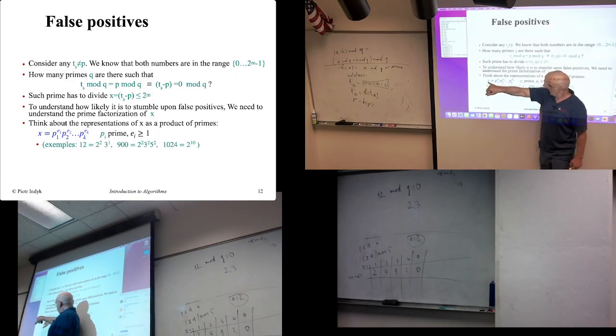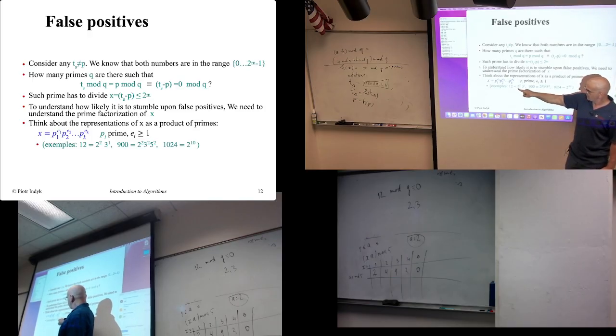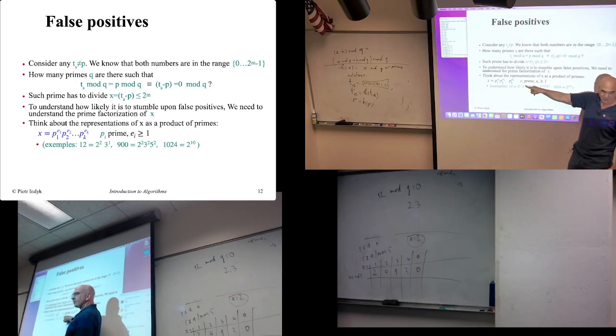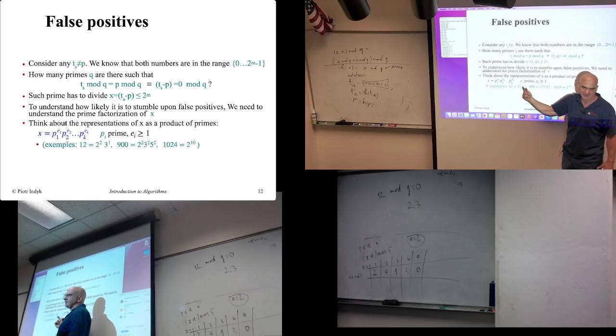To remind you all, I can take any number, 12 for example, and write it as one prime times another prime times another prime until you get this number. And obviously this factorization is unique up to the order that you're doing it. And if you are using the same number more than once, then you can write it as a prime to the power of something, an exponent, times another prime to the power of something. And this decomposition is unique. Obviously, for X, the primes that divide it are unique.